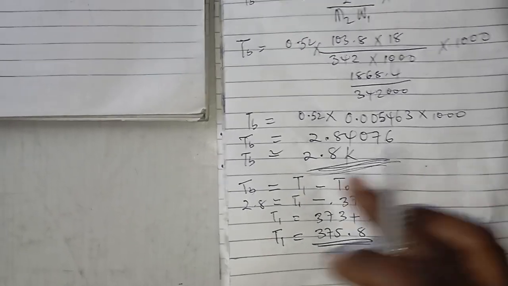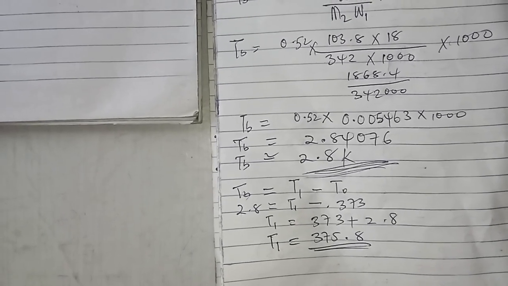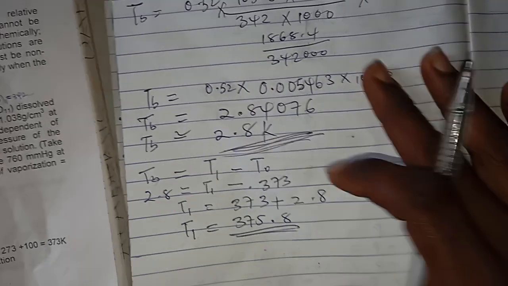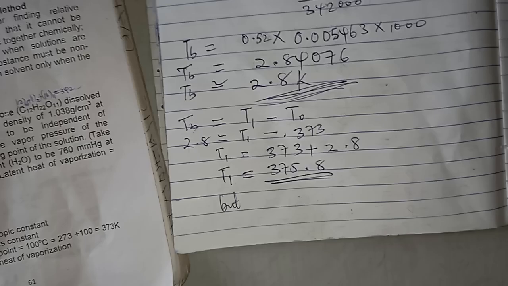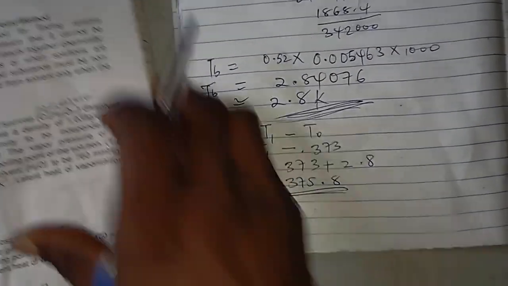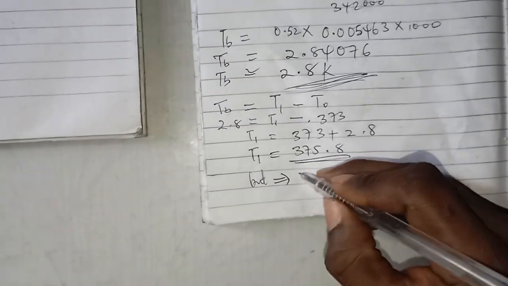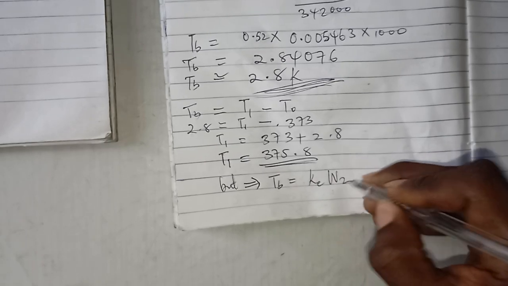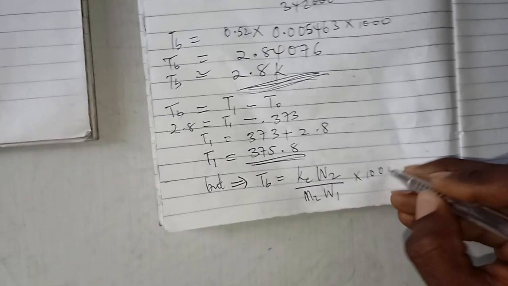And if we have this 2.8 Kelvin, I like to do it in such a way that if you go to your textbook, you'll still not be wrong. You notice that in most cases in your textbook, they make it such that TB equals Ke W2 all over M2 W1 times 1000.